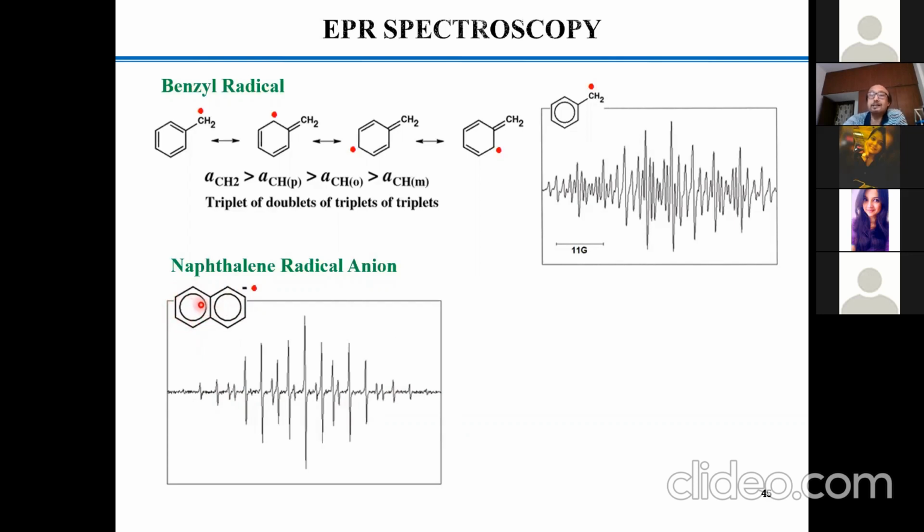So that's why I said it tells you a lot of information about the electronic structural aspects. Electronic structural aspects means that both the rings are fused, but whether they are equivalent or not. No, electronically they are not equivalent.